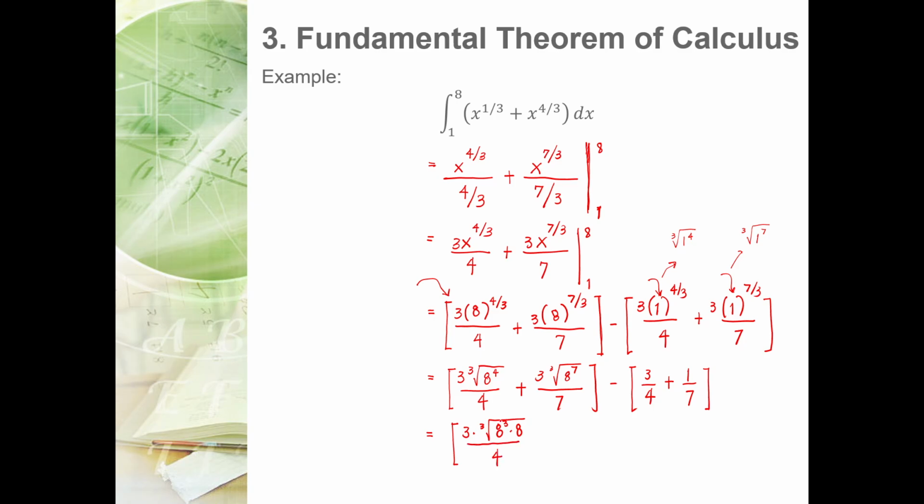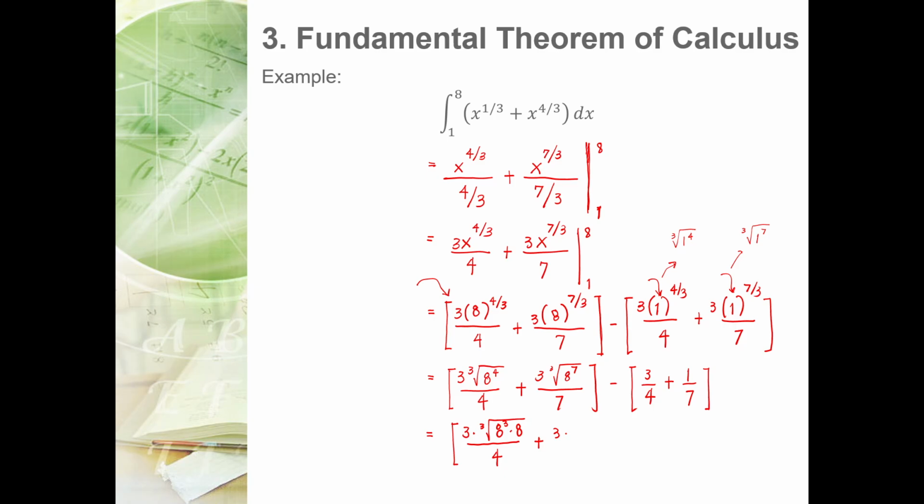Notice that 8 cubed is a perfect cube, and 8 is also a perfect cube. So that will be 8 times 2. These are just techniques on how to solve kind of faster.